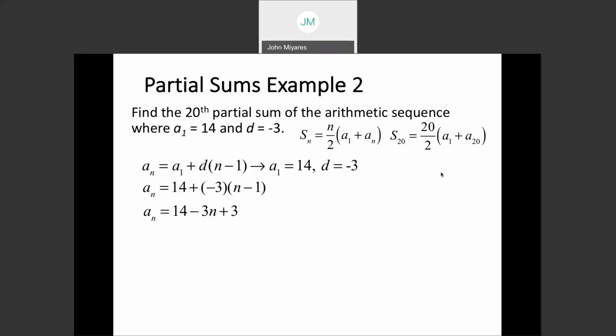We can distribute and simplify to get a sub n equals -3n plus 17. Knowing we want the 20th term, we can substitute in 20 for n and get -60 plus 17, which simplifies to -43.